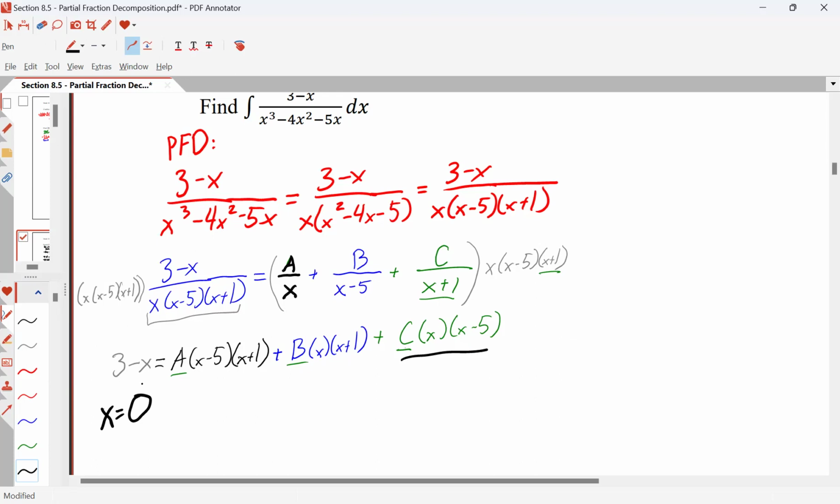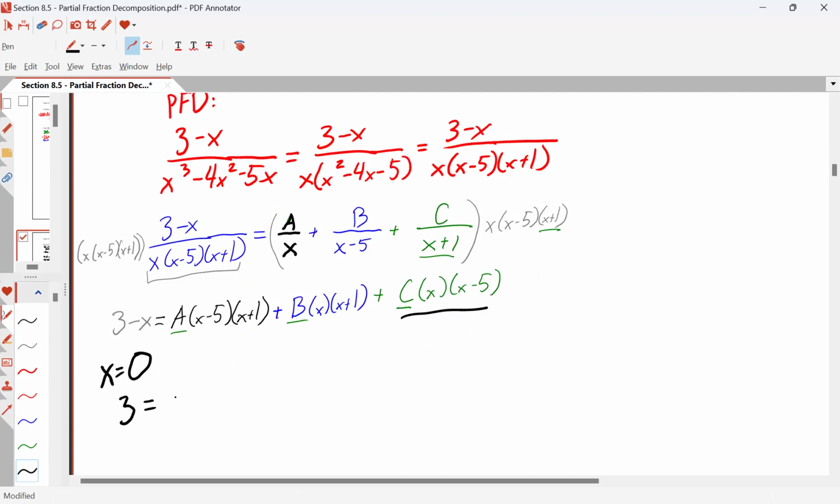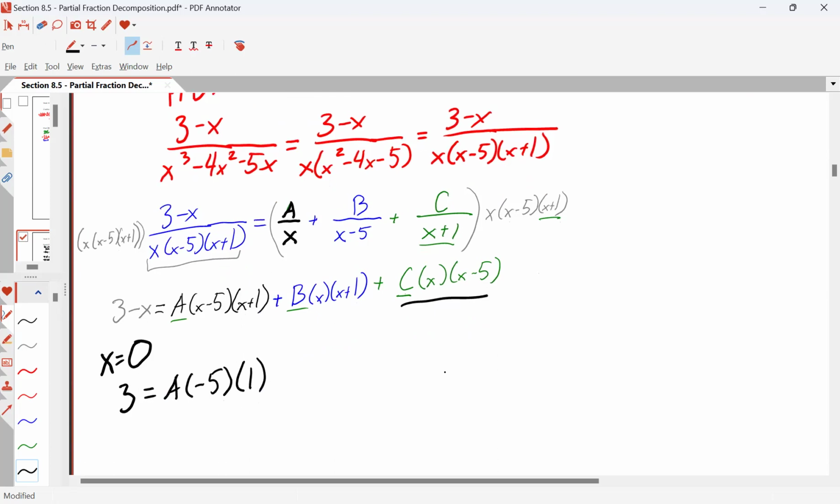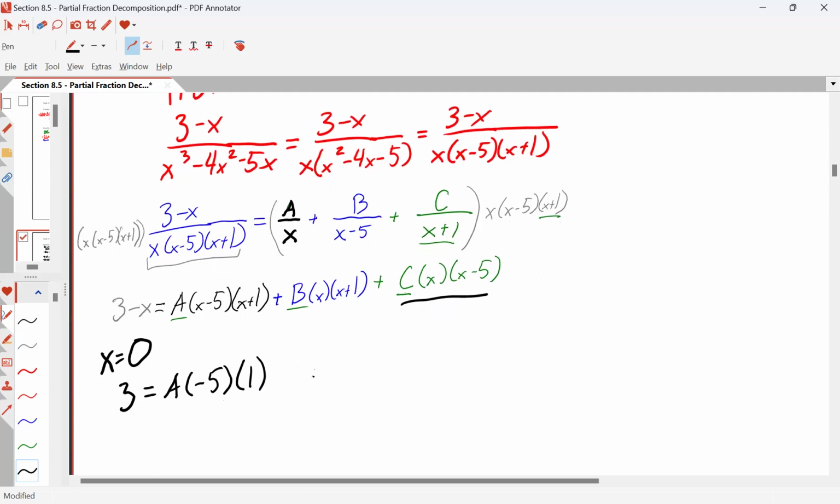Whereas 3 minus x will just be 3. x minus 5 is negative 5 when x equals 0, and x plus 1 is 1 when x equals 0. That means A equals, dividing by negative 5 times 1, 3 over negative 5. And now we have A.